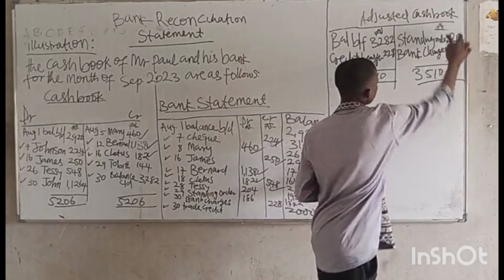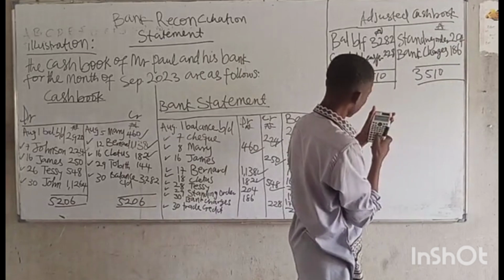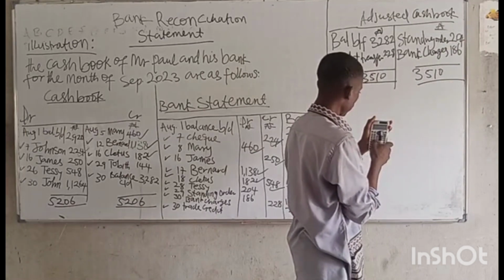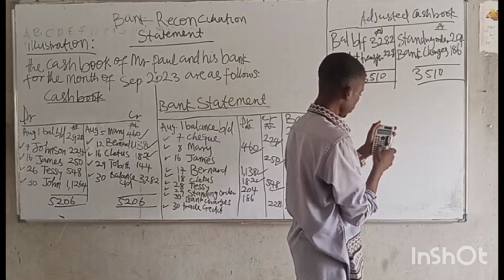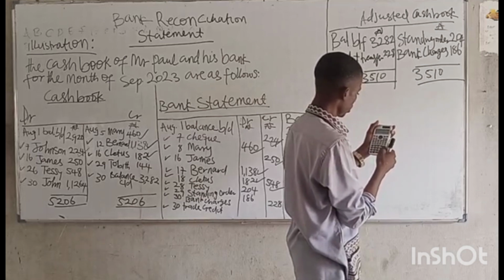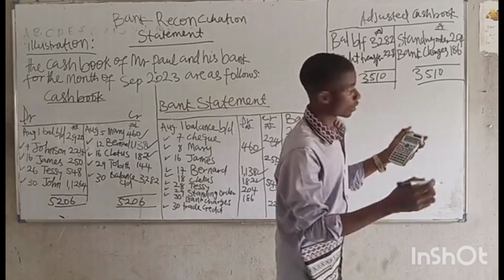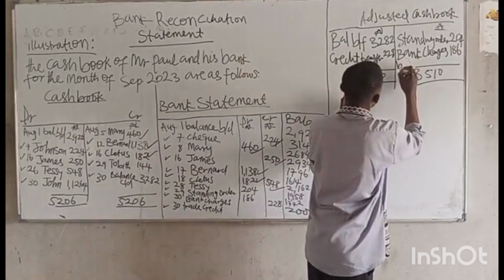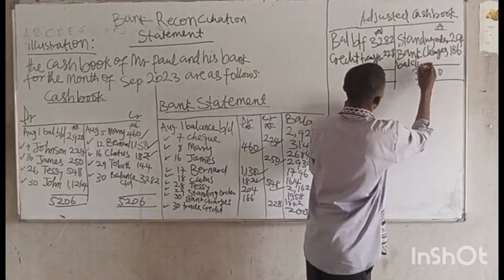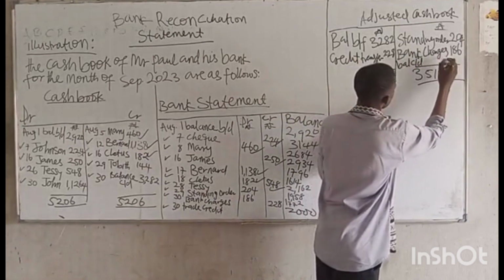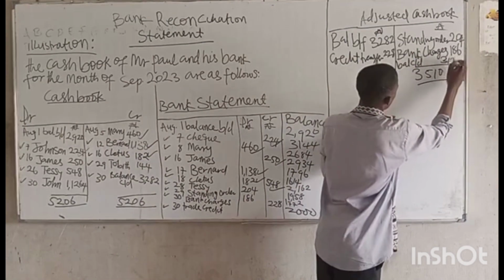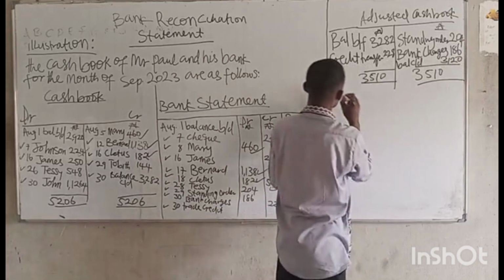And the total of this side minus this, 204 plus 186, minus 3510. The balance carried down is 120.